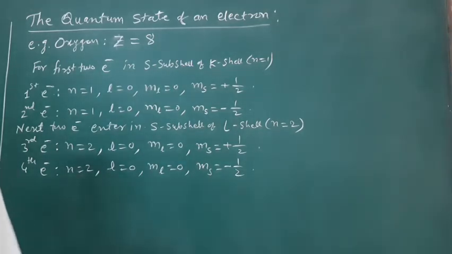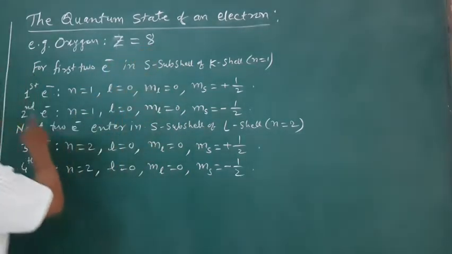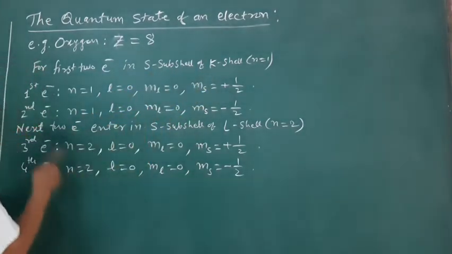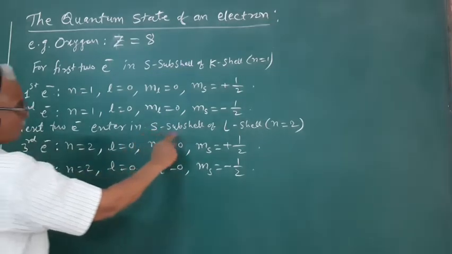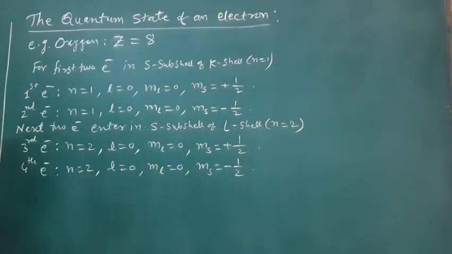Out of 8 electrons, 2 electrons enter the s subshell of the K shell, 2 electrons enter the s subshell of the L shell, and still there are 4 electrons remaining.